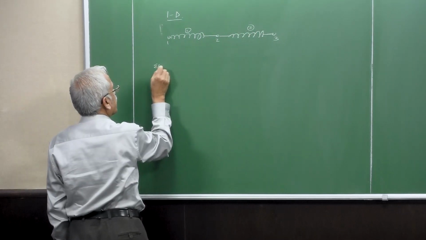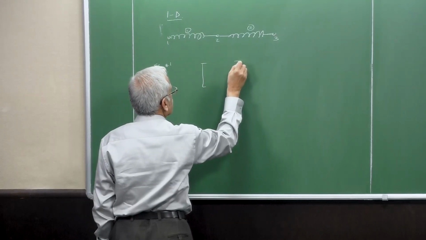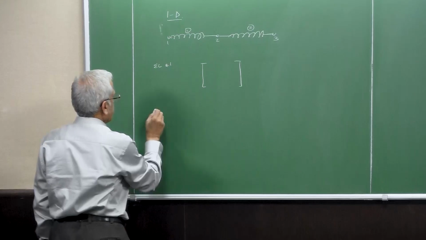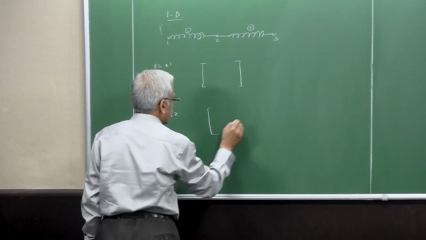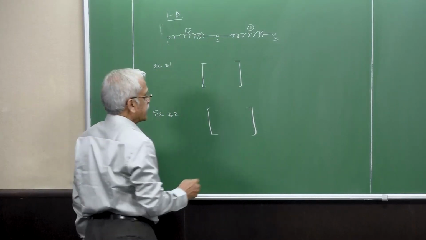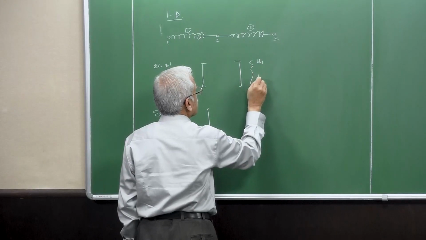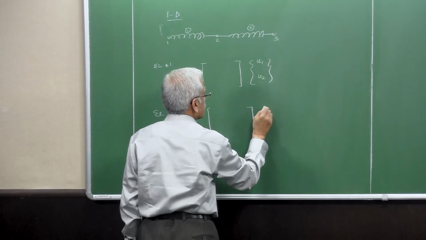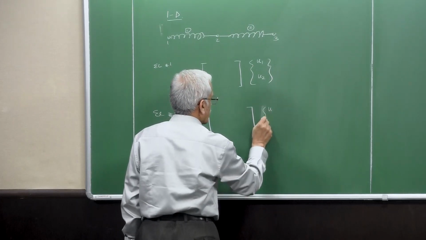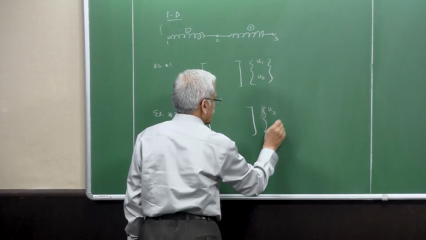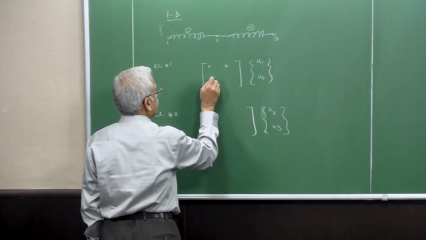Element 1 is a 2 by 2 matrix, and element 2 also is a 2 by 2 matrix. This connects the degrees of freedom u1 and u2, the displacements, and this is related to u2 and u3.